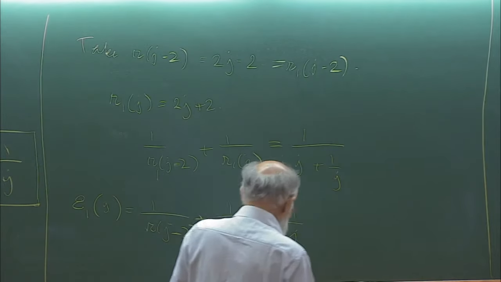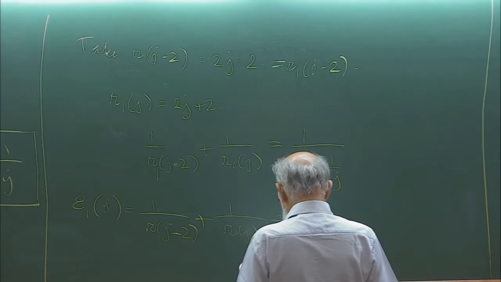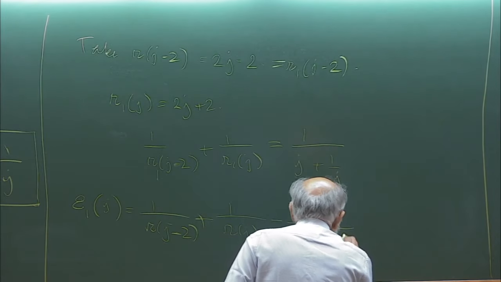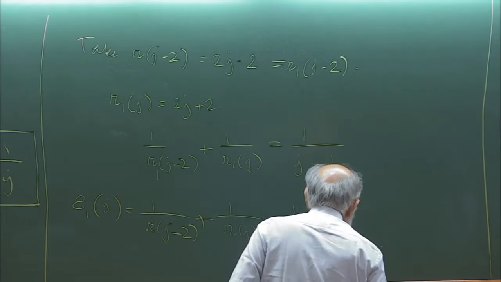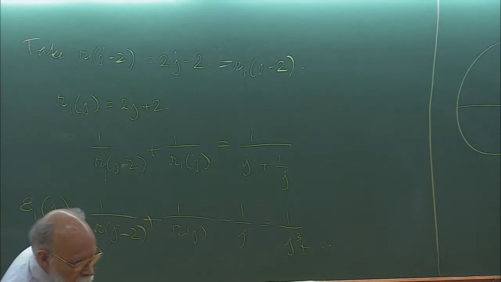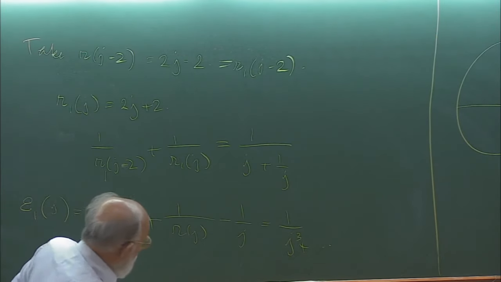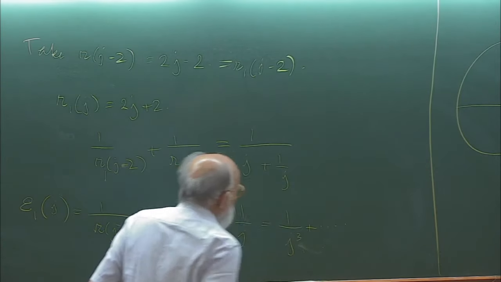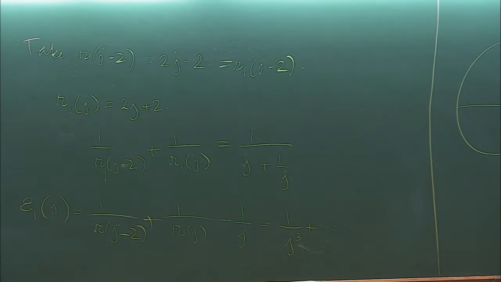That is very easily seen to be 1 over j cubed plus corrections. So you have already got rid of the 1 over j.